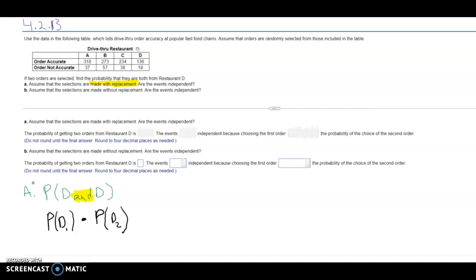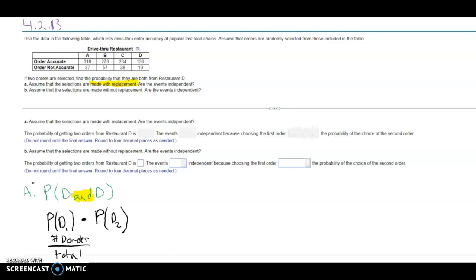So in this case, the probability that on my first draw, I'm taking an order from restaurant D, would be the number of restaurant D orders over the total number of orders in the table.